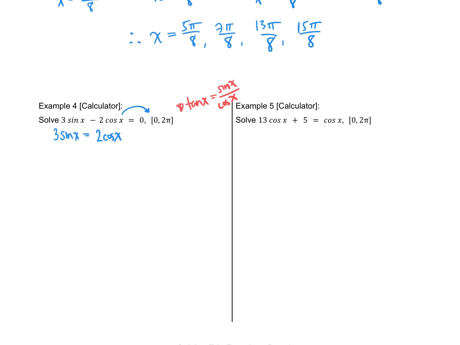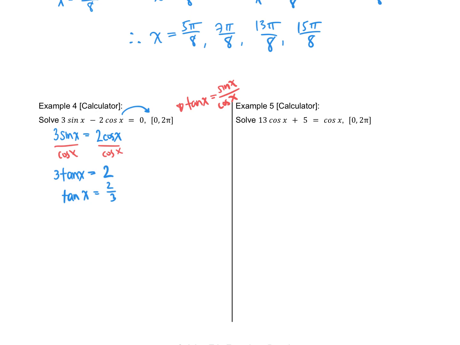So I'm going to divide both sides by cos x, and that is perfectly fine because I'm doing it to each side. And that will leave me with 3 times tan x equals 2, because the cos x over cos x is just a 1, and the sine over cos is tan. And now we're back to basics. I'll divide both sides by 3, so here is the equation I am solving for.